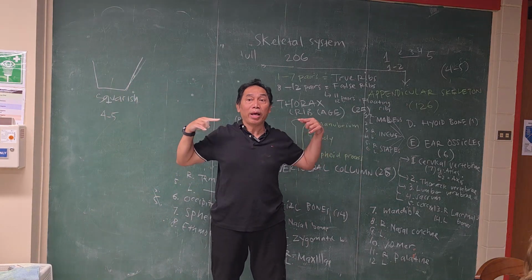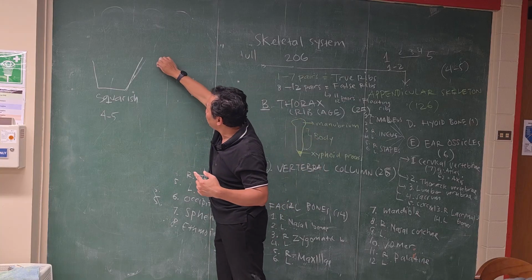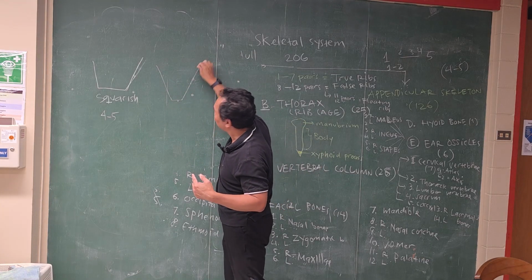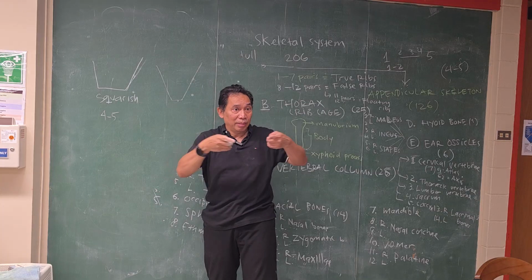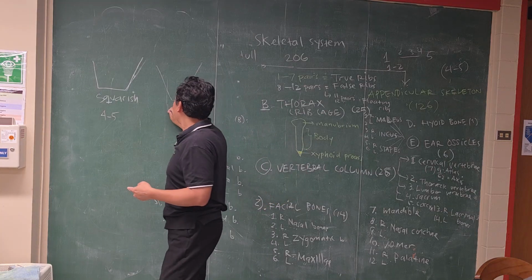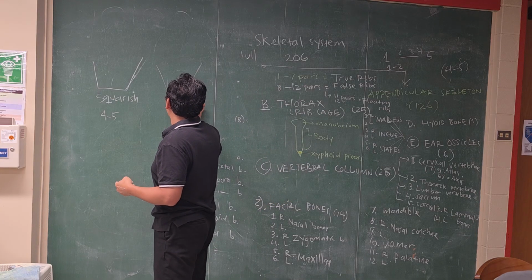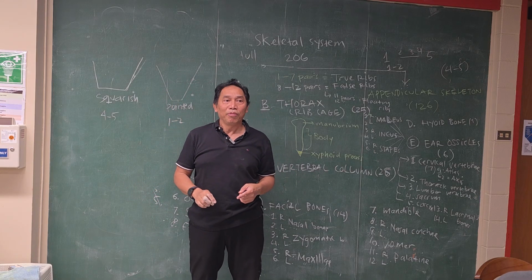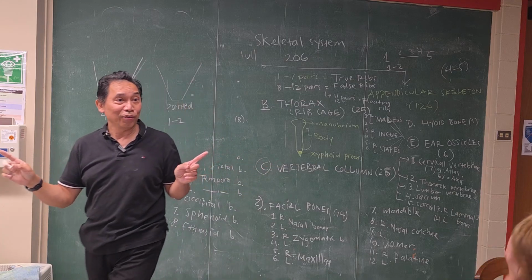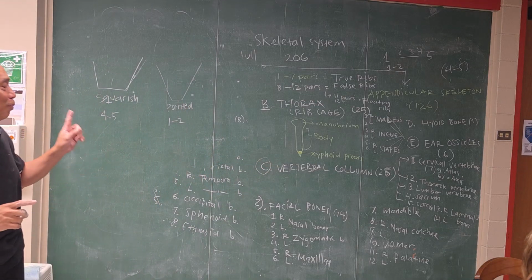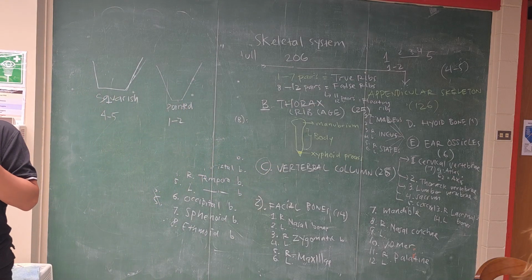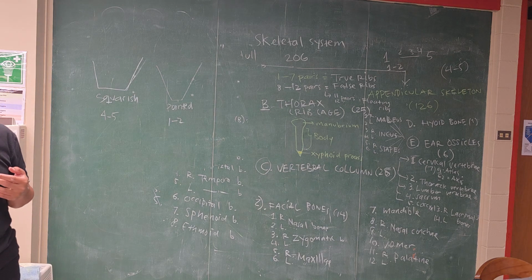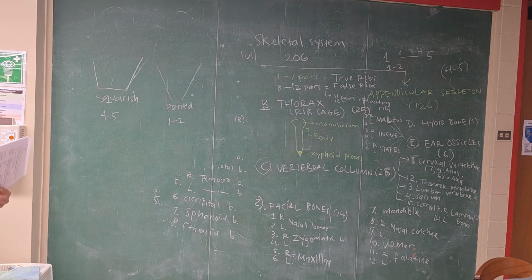But if it is a little bit pointed, give 1 or 2. If you are confused, 3. That's the mental eminence, which is the chin. Squarish, 4 or 5. Pointy, 1 or 2. What is next?